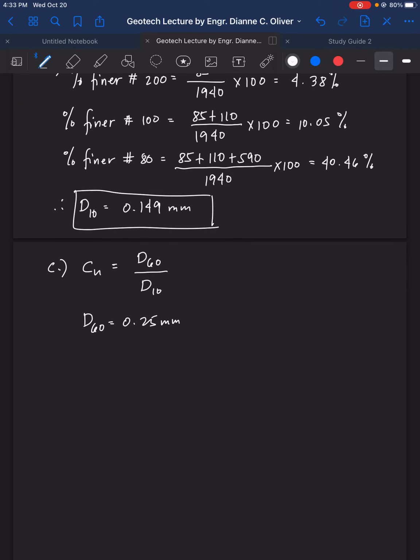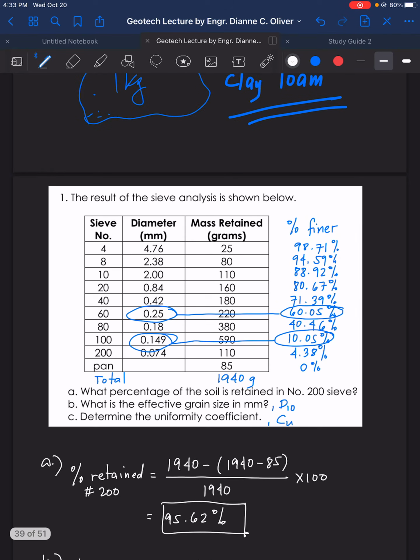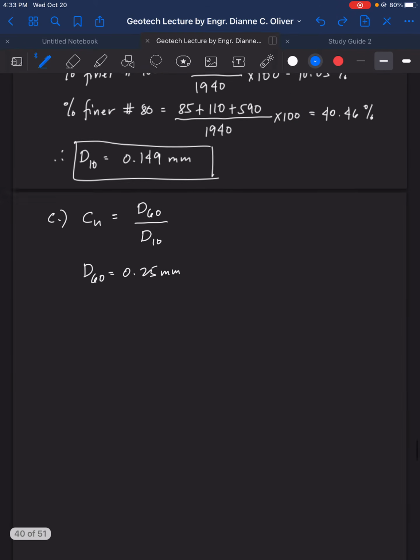Actually, we are just somewhat lucky because it's already there in the table. But if 60% is not found here, if you cannot have the 60 and the 10 here, you will either graph or solve for the value of 60 and 10%.